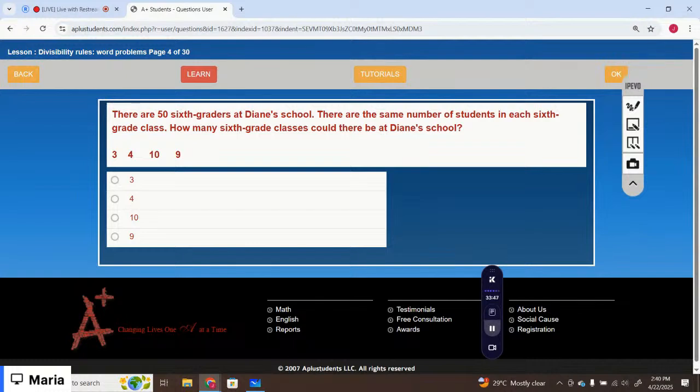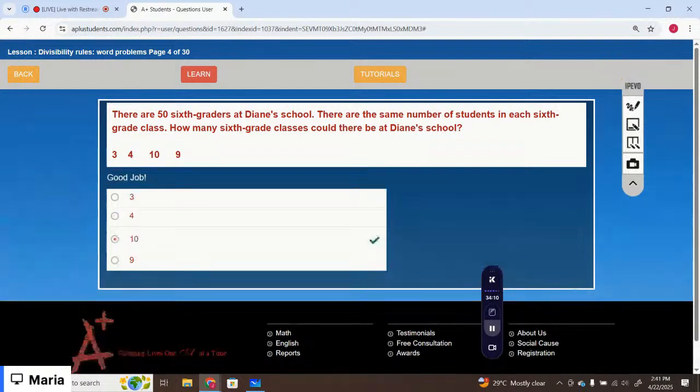You need to see 50 is divisible by which number? The number 50 is divisible by 10. The correct option is 10. Option number 3 is the correct option.